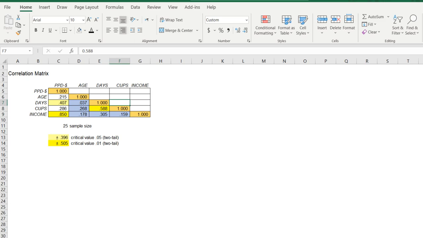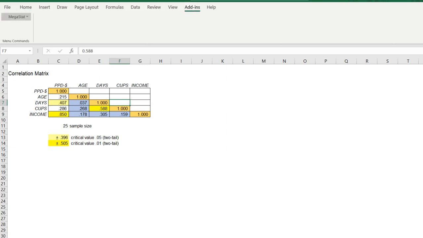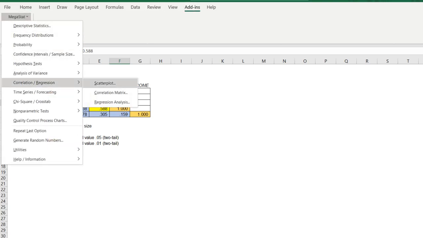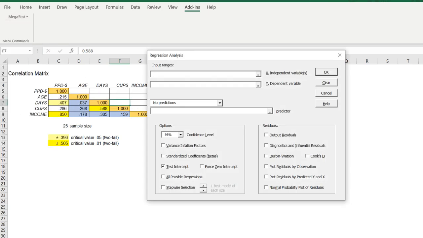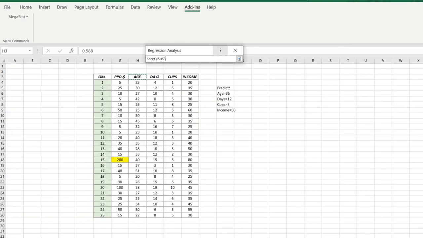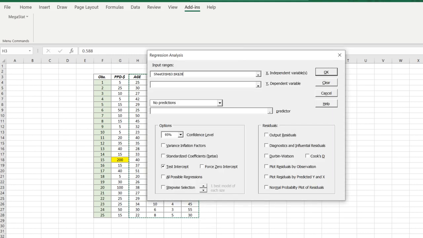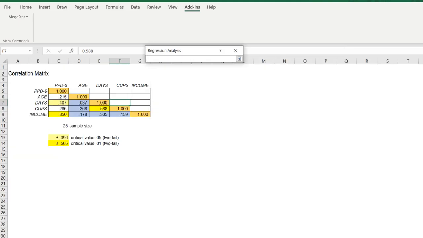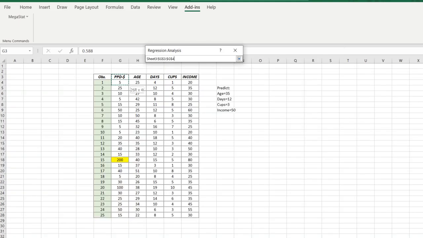Now let's actually run the regression, MegaStat, regression analysis. Our independent variables, X, are going to be age, days, cups, and income all the way down. Make sure you highlight all of the observations. Our dependent variable, that would be Y, is prepaid amount, highlighted.